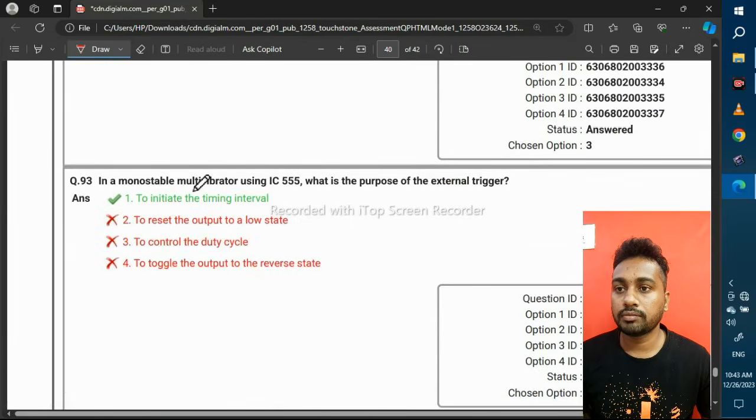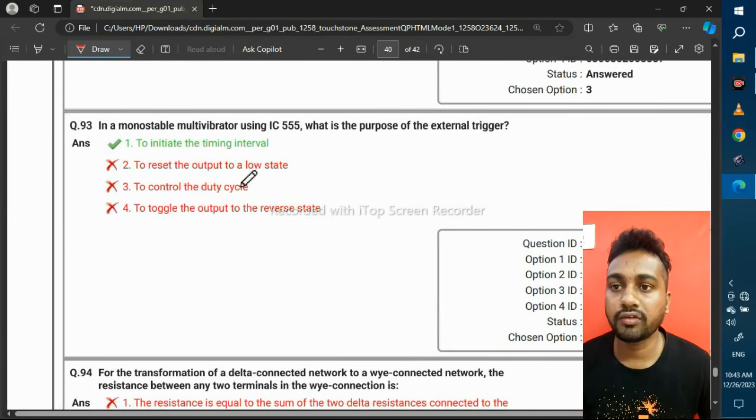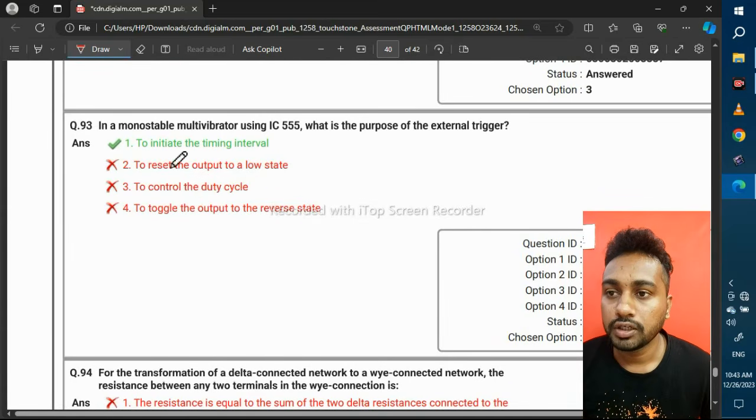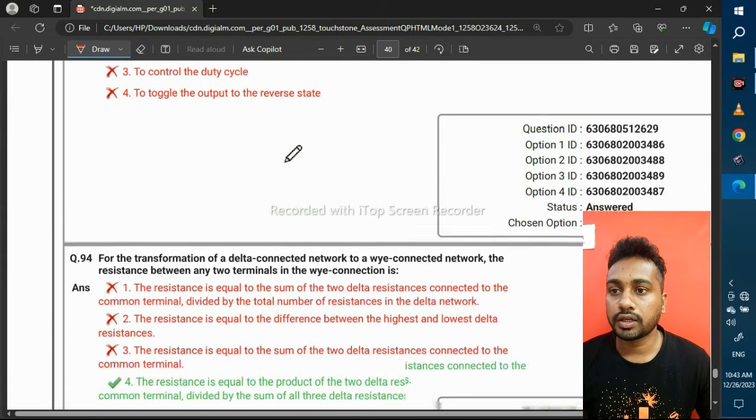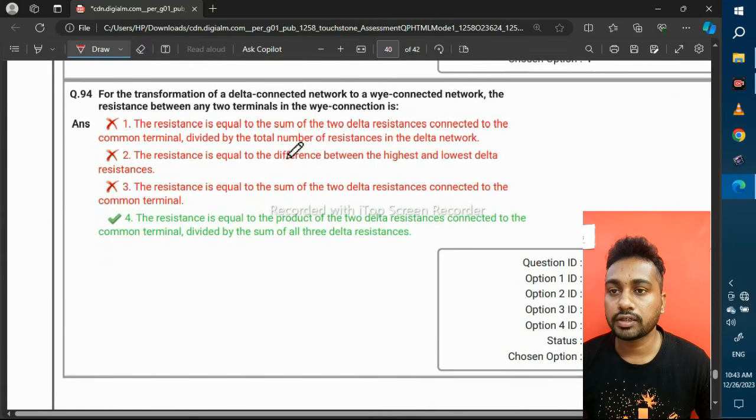In a monostable multivibrator using IC555, what is the purpose of the external trigger? It initiates the timing interval. This is right. For the transformation of a delta connected network to a Y connected network, the resistance between any two terminals in the Y connection, this is the simple formula for delta to Y conversion.